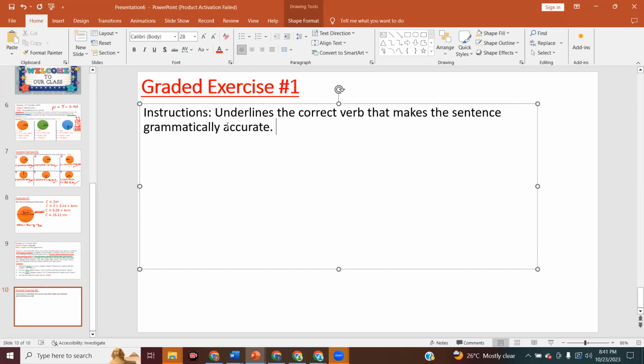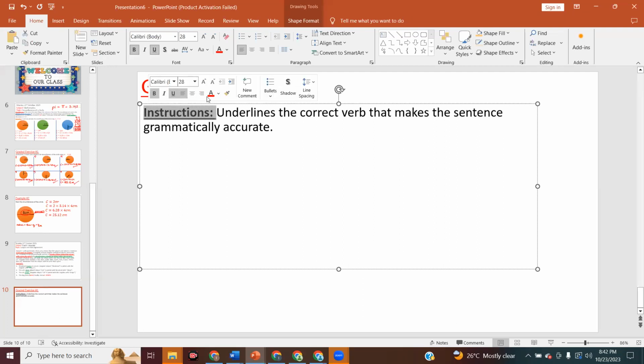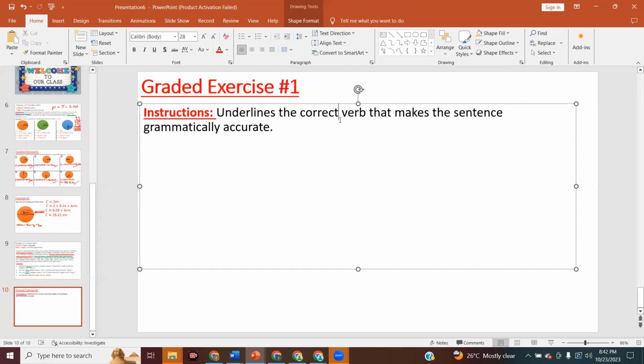So you're going to underline the one that is right. I'm going to give you two verbs to choose from. You're going to underline the correct one. All right. So number one.